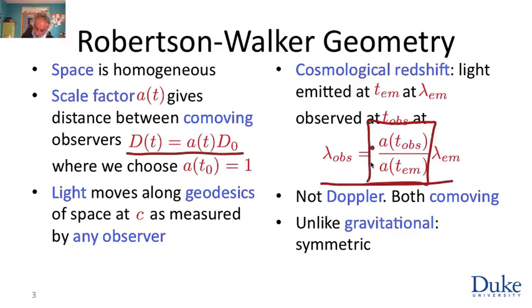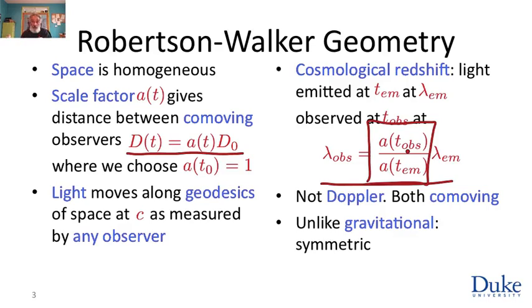It turns out that this also determines, just as we foreshadowed, the stretching of the wavelength of electromagnetic radiation. This you get by solving Maxwell's equations coupled to general relativity, something I don't plan to do, but it's a fact. Notice this is not a Doppler event.